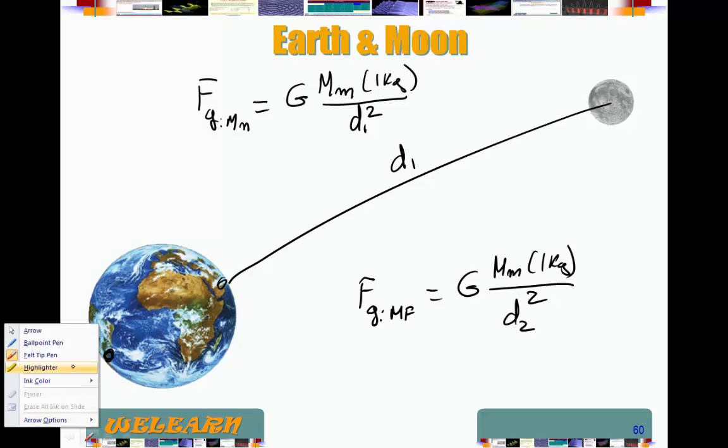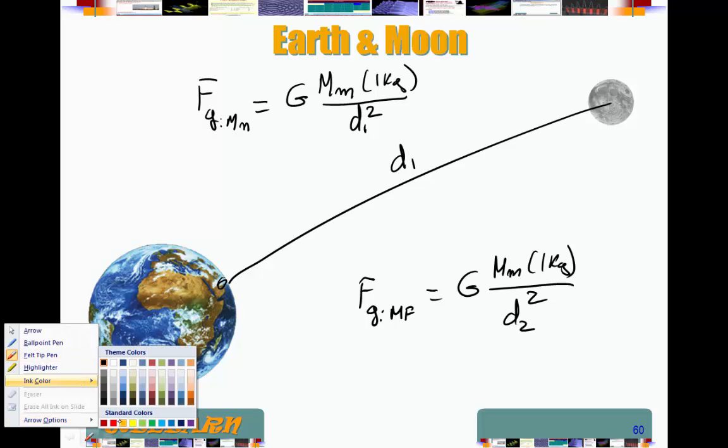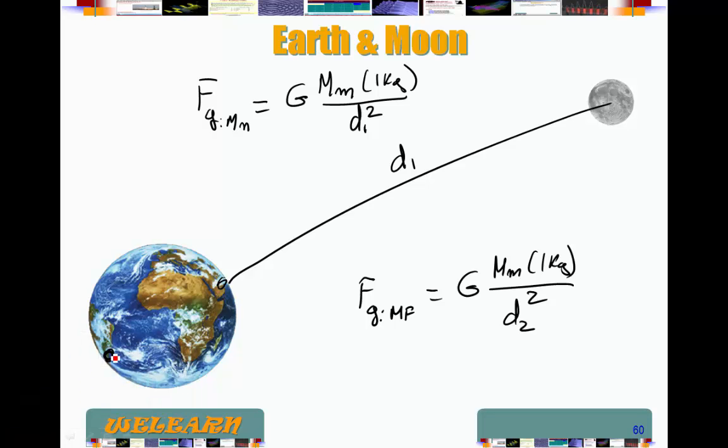But d2 in this case is this distance. And the distances are quite different in this case. They're not the same, quite different, because the Earth is quite a sizable object.